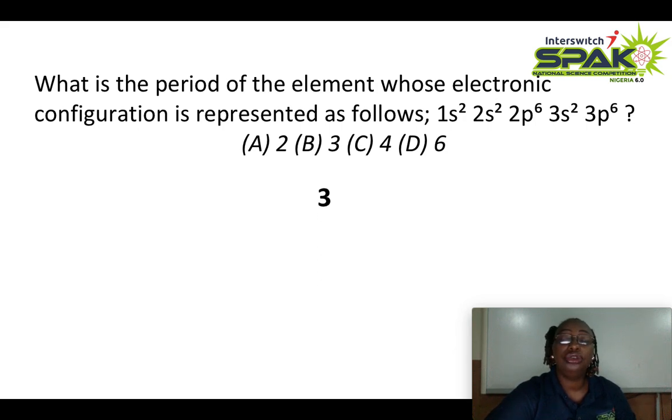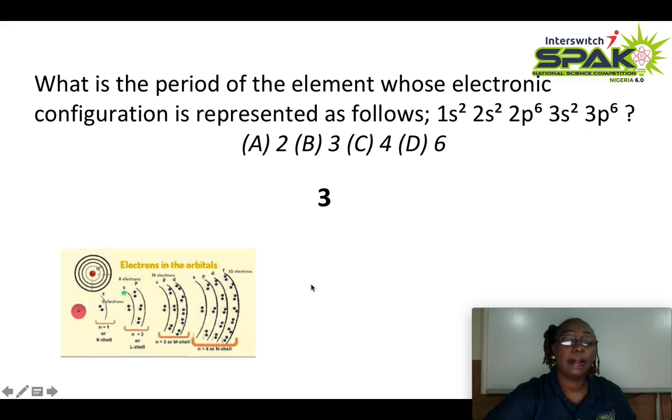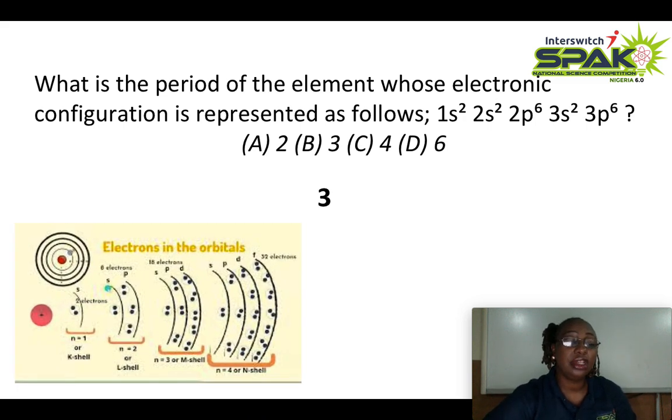Now, how do you achieve that? Let's see it in this illustration. The first shell, which is 1s2, can only take 2 electrons. The second shell, which is 2s2 2p6, can take 8 electrons. 2 plus 6 is 8.